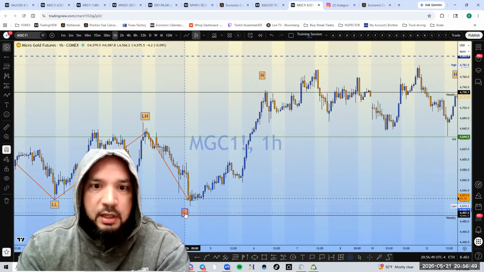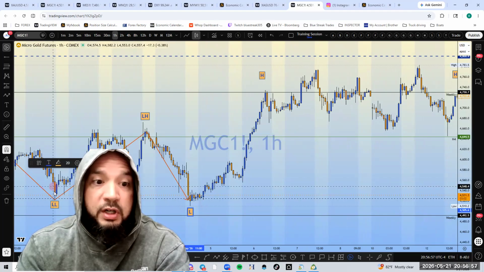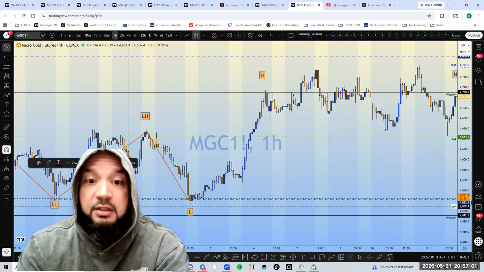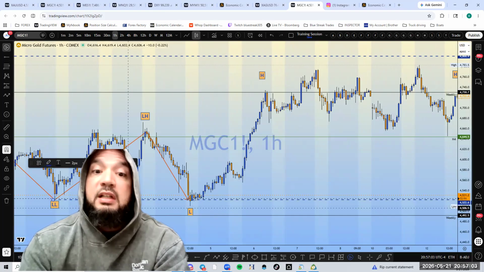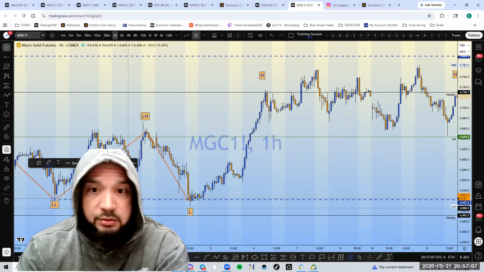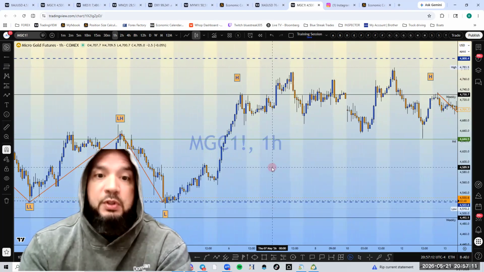Now we've got a low, right? Notice it didn't break. It didn't close below and continue the trend here, guys. This is a clear indication of a possible reversal. But you won't know that until what happens?